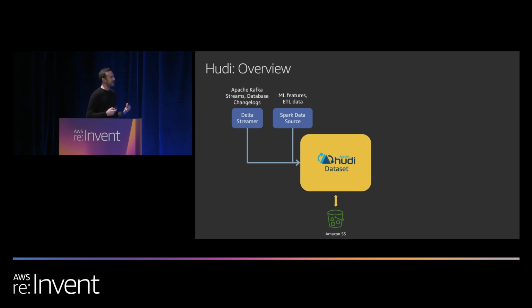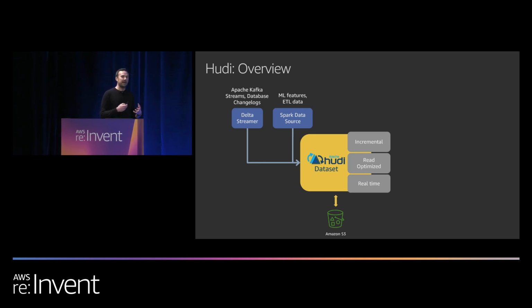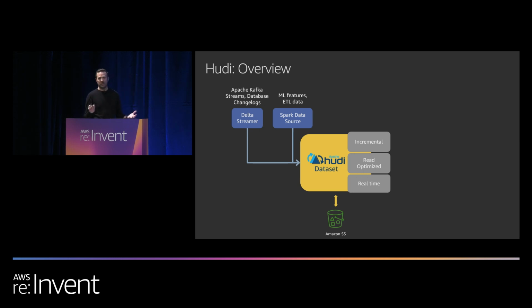Once you have data in your data set, then it comes to actually reading it. As Vinod had mentioned, there are different views that Hudi gives you on top of a data set. Incremental is a view that allows you to get a stream of changes that have occurred on that specific table, either since the last write or from a specific point in time. So it allows you to answer questions like, show me all the rows that changed since yesterday, for example.